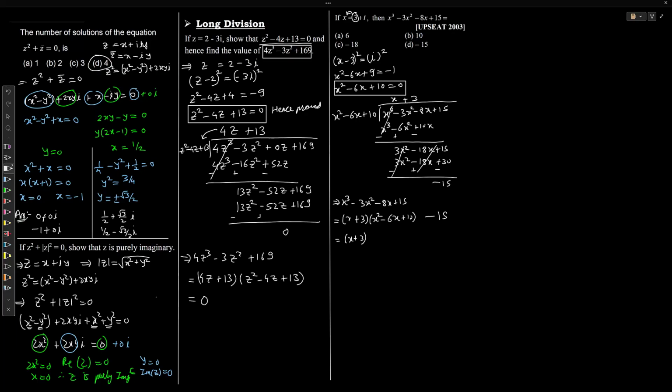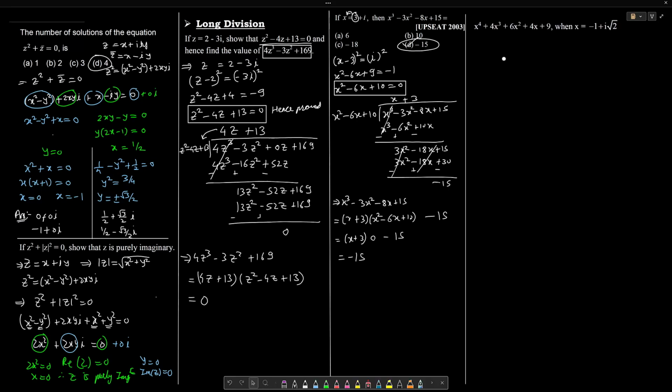So we already get the value of this polynomial as 0. So x plus 3 into 0 plus 20, which is given in option D. Ta-da! Got it? Easy, easy. Last question coming.